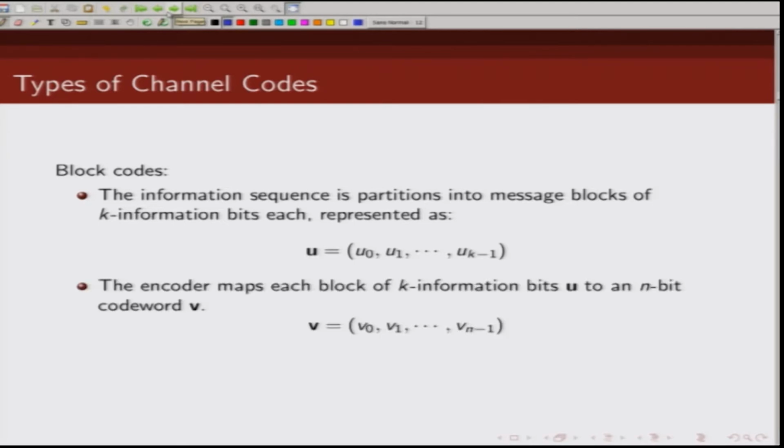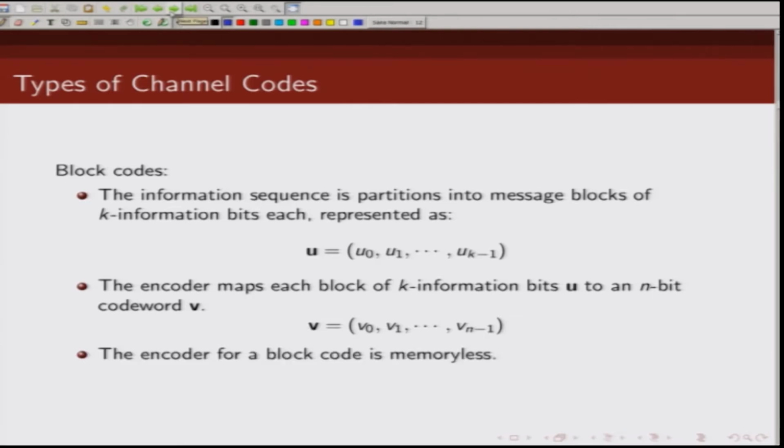We denote our information sequence by u, a k bit sequence u0, u1 to uk minus 1, and our encoder maps it into an n bit sequence denoted by v.